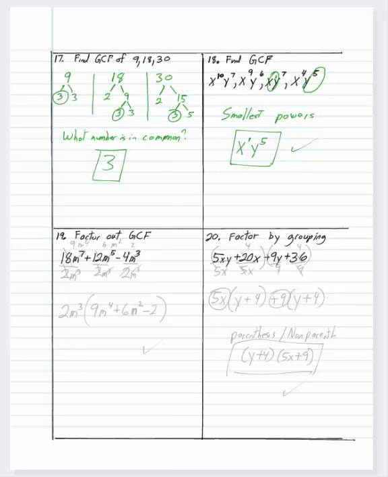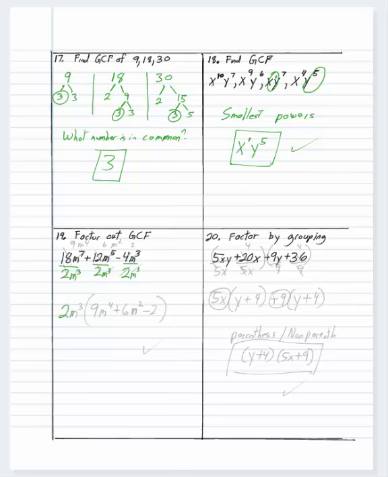Okay, factor out the greatest common factor. Notice something about 18, 12, and 4. They're all even numbers, so you can divide each of those numbers by 2. But not only that, they also have letters: m^7, m^5, and m^3. The smallest power is m^3.